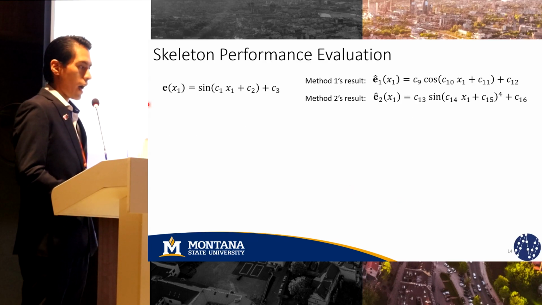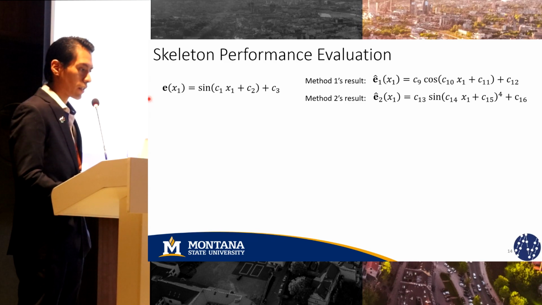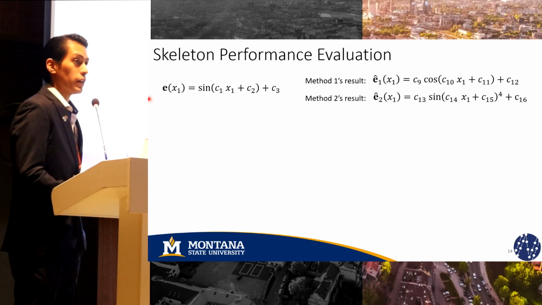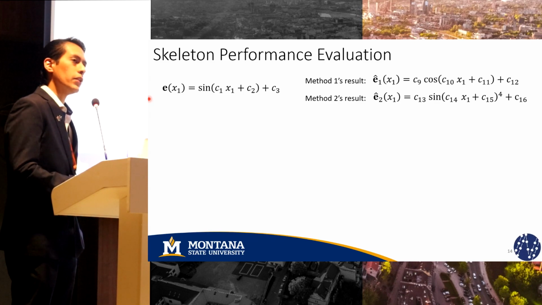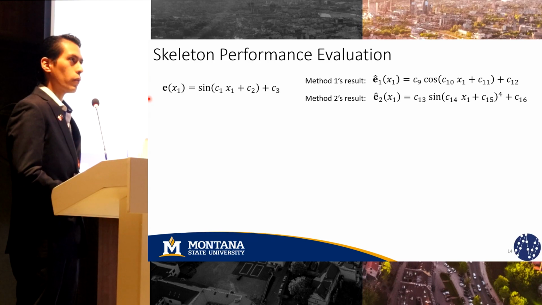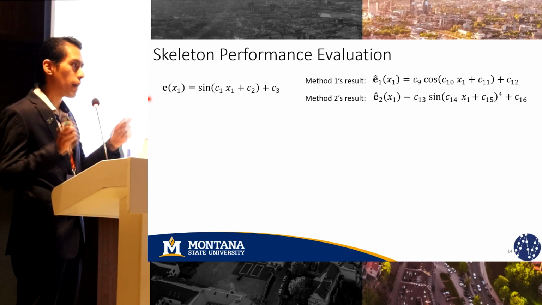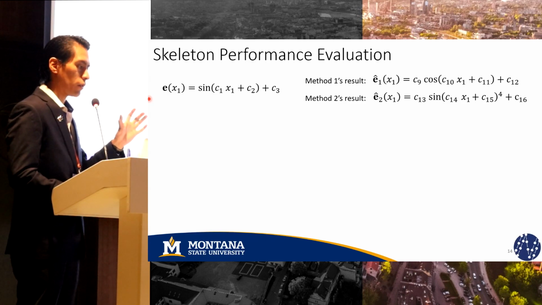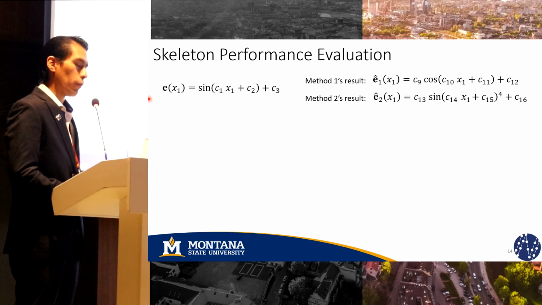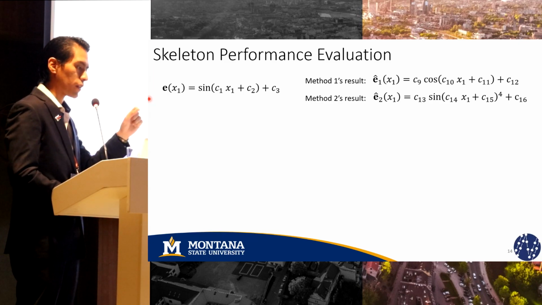So I also want to talk about the skeleton performance evaluation that we're carrying out in this work. It differs significantly from what has been done in previous works because we are not at the point where we have the final estimated multivariate function that combines all variables in just one single equation. We are at the point in which we generate one estimated skeleton for each variable of the system.